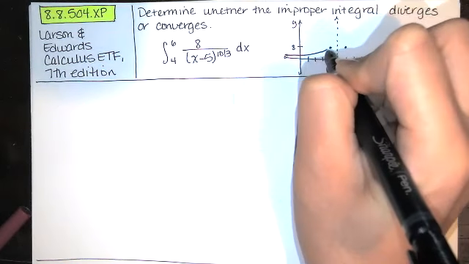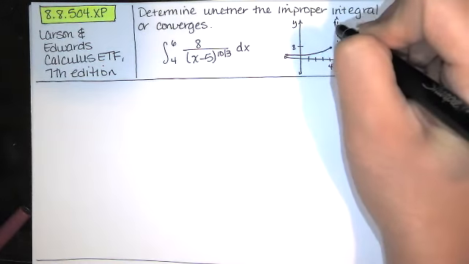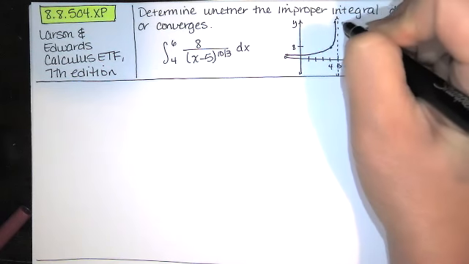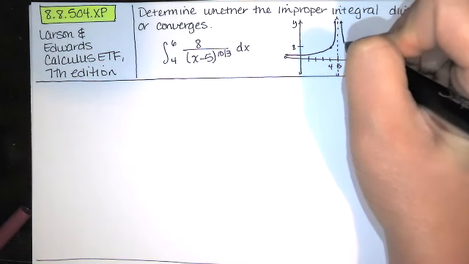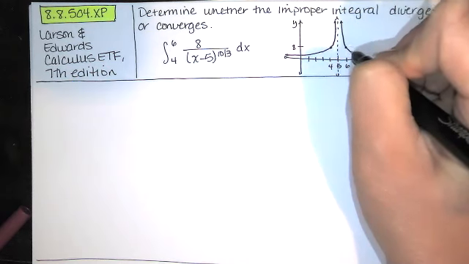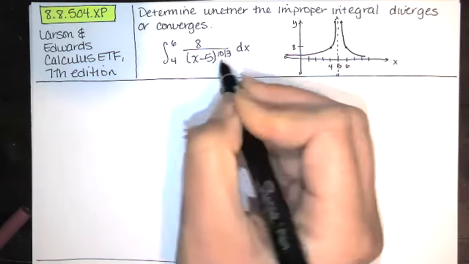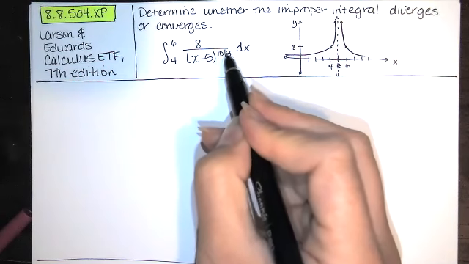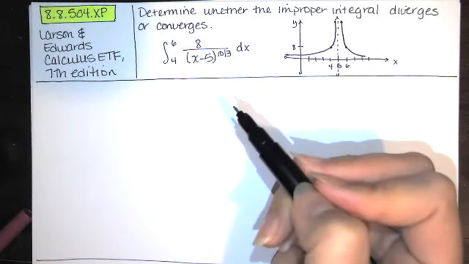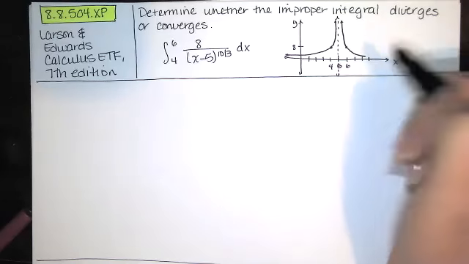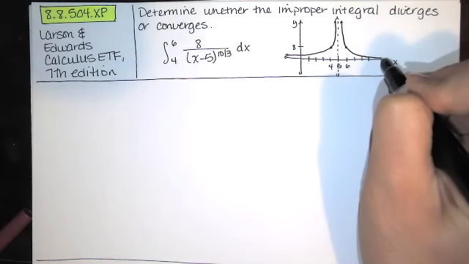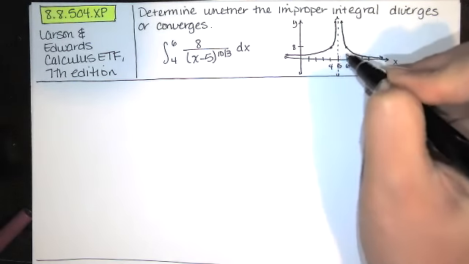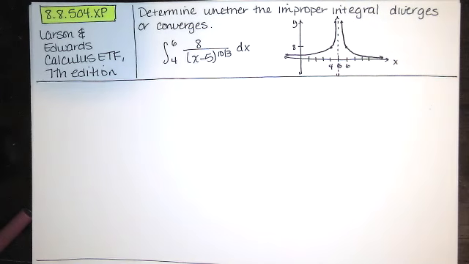It has the same general shape as y equals 1 over x squared. But it's just a little bit different because that's not the second power, it's the 10/3 power. And this is going to have symmetry about the line x equals 5.